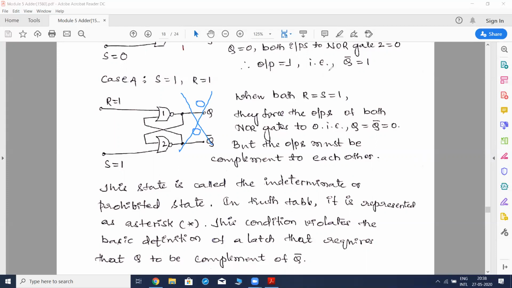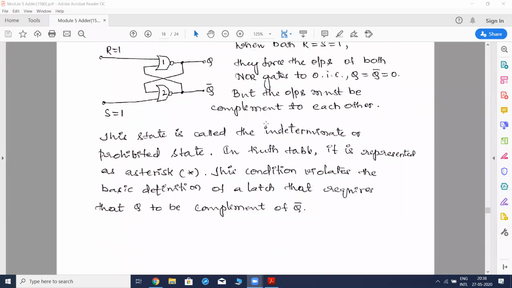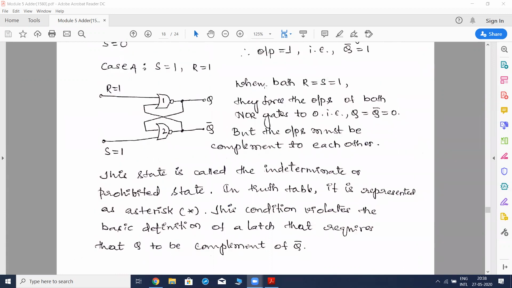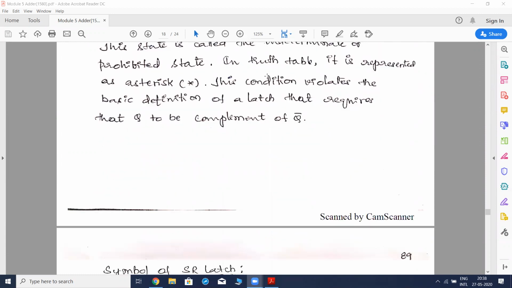In our truth table, we represent this as an asterisk. This condition violates the basic definition of a latch, which says that the outputs must be complement to each other. It does not satisfy this, that's why this state is called the indeterminate state.